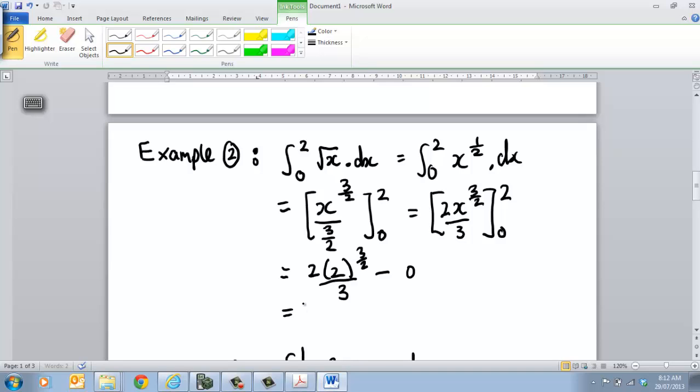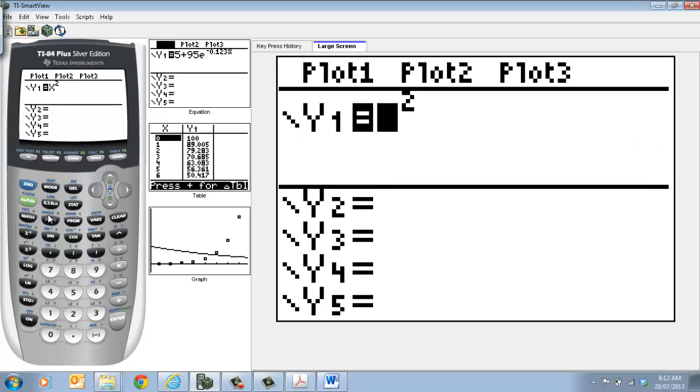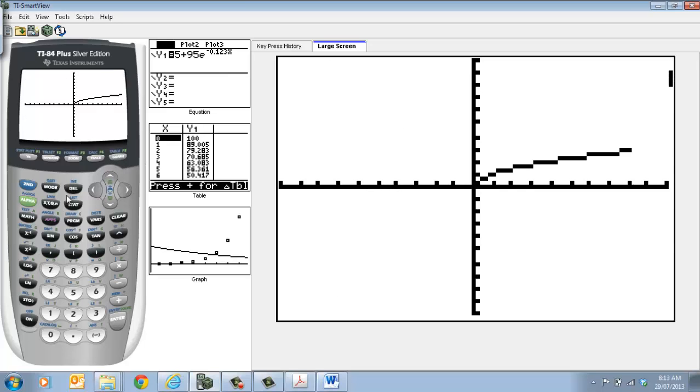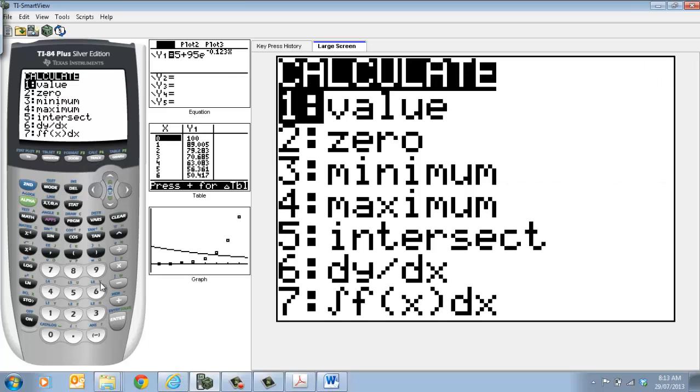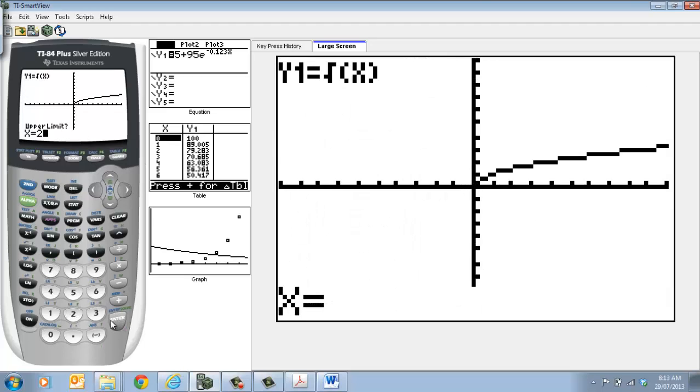So on the calculator I can do that, but it's probably easier to actually graph that. Alright, so if I graph the square root of x, go across and delete that, put in the square root of x, graph that, and now if I go to my calc, go to number 7 again, go 0, and then 2 is my max.